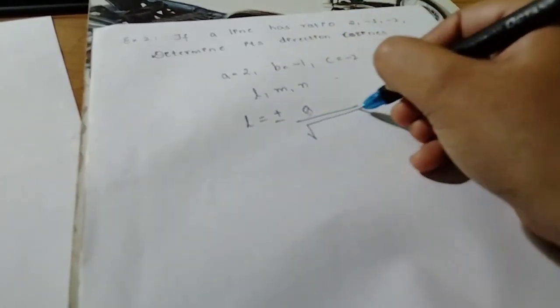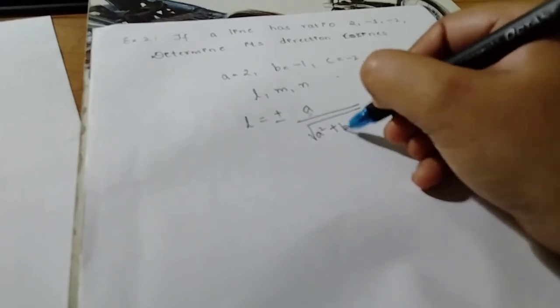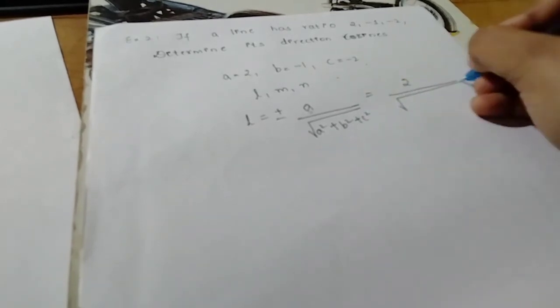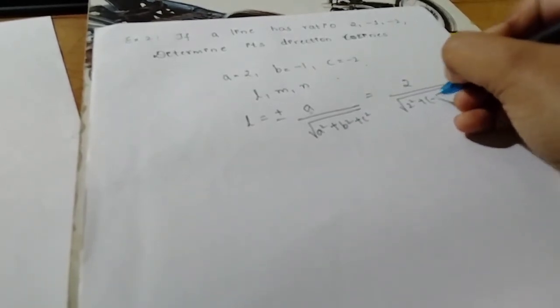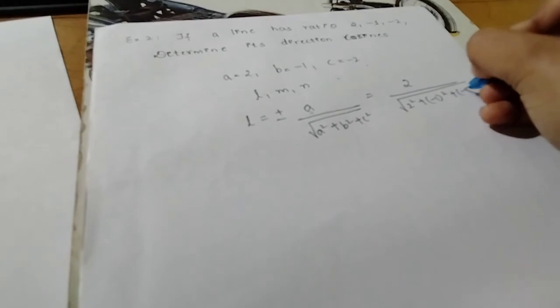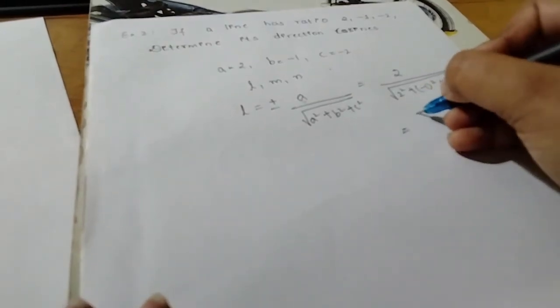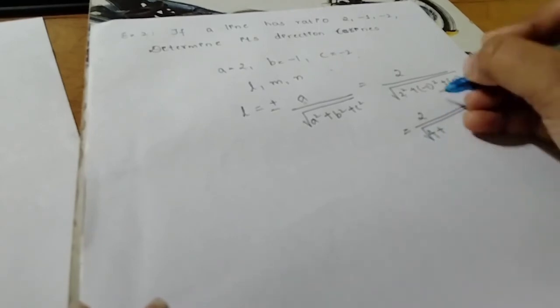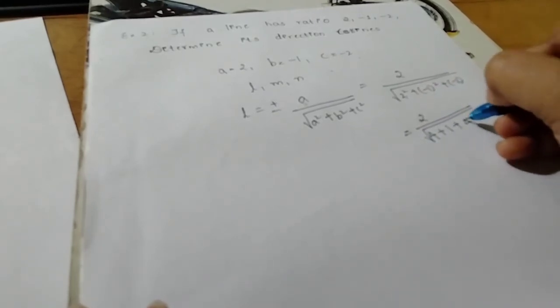You know the relation: L is equal to plus or minus A divided by root of A square plus B square plus C square. So this is equal to 2 divided by root of 2 square plus (-1) square plus (-2) square, which is 2 divided by root of 4 plus 1 plus 4.